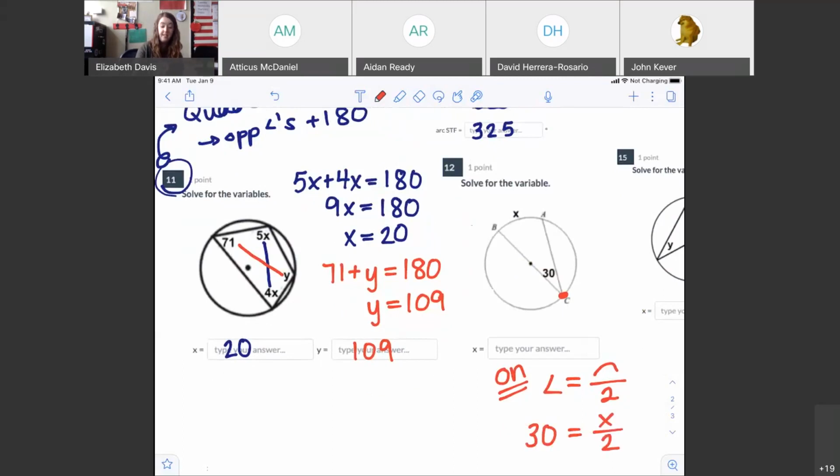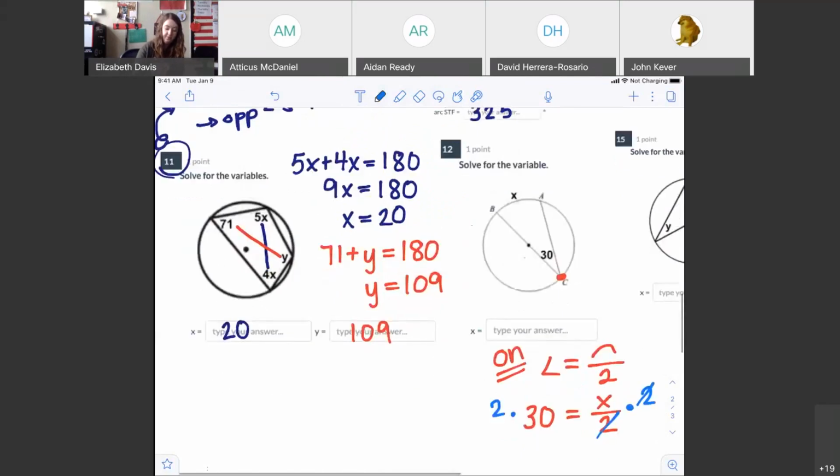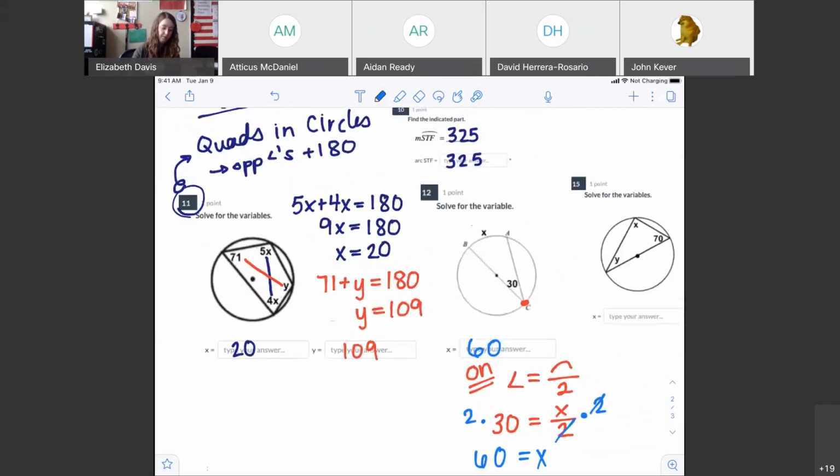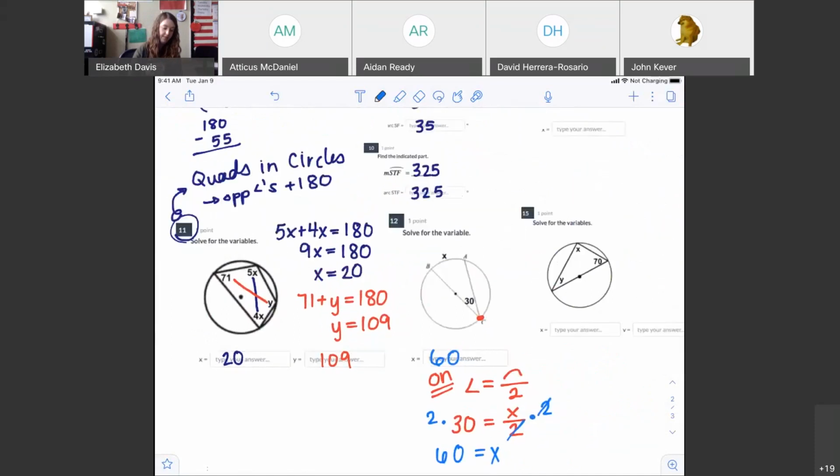Since x is being divided by 2, to undo that division, I have to multiply by 2 on both sides. So these 2's divide away, so I'm just left with x. 2 times 30 is 60. So x equals 60. Okay.